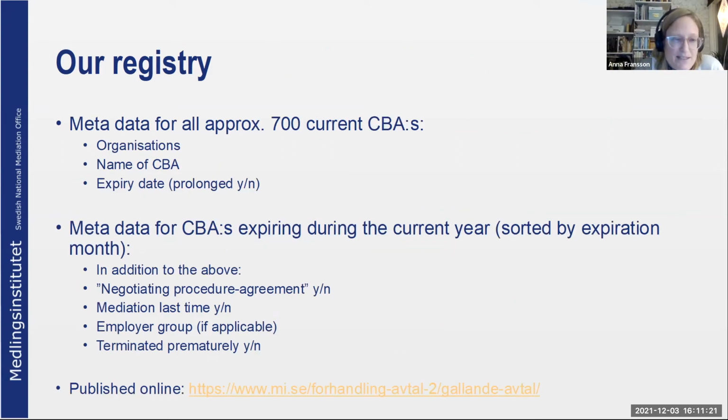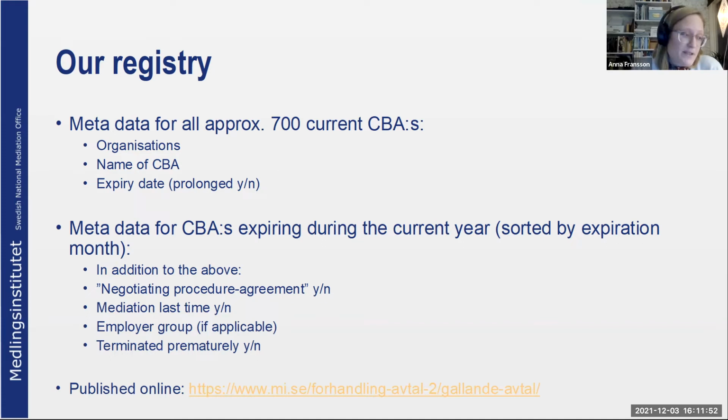The registry is metadata. It includes metadata for all of the approximately 700 current CBAs in Sweden that set wages. And we publish information on the signatories, their names, the name of the collective agreements and the expiry date, and also whether the CBA has been prolonged during the pandemic.